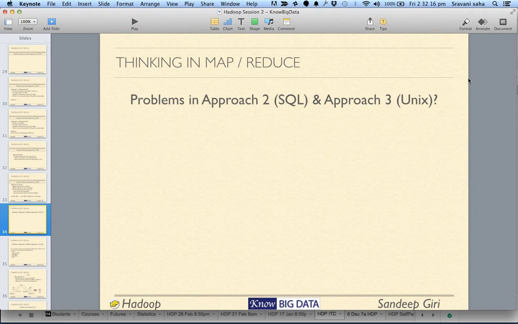Anyone? Okay. If the data is very big, then the computation is slow. Data being put in DB takes time.